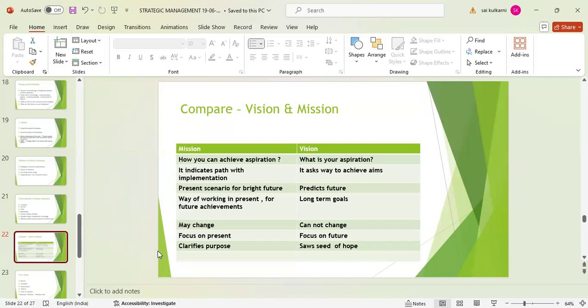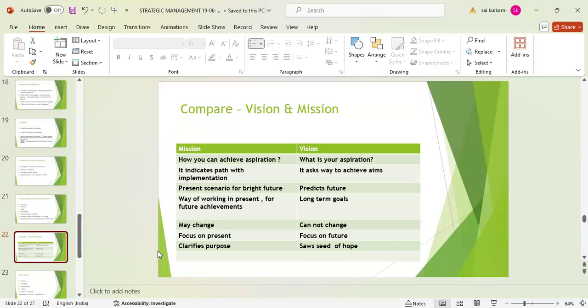It creates a future picture. So it is a vision statement. Though it predicts the future or creates a dream for the future, it is very clear that it is on logical grounds only.